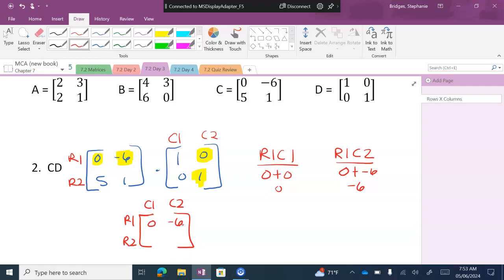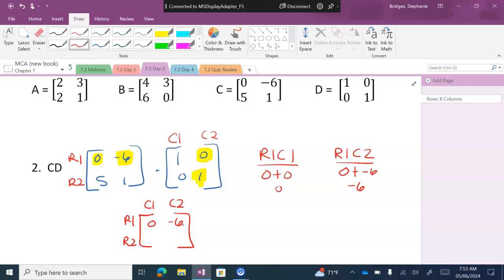Row 1, column 2, we multiply. And then across and down, and multiply again. And that's how we got that -6. So in my answer, I'm going to have 2 rows and 2 columns, and I can put my numbers where they belong. Again, to me, the labeling helps me keep everything organized. If you don't feel like you need to label, then you don't have to label.